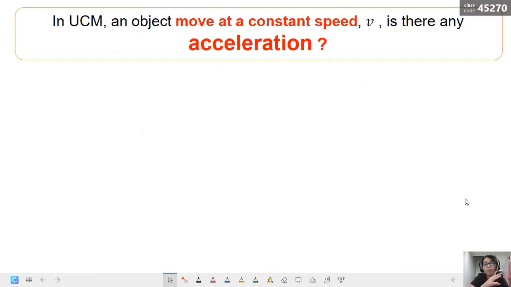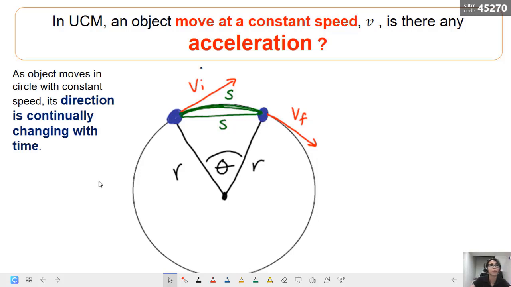Then in uniform circular motion, an object moves at constant speed, v. So the speed is constant. Then we might ask, is there any acceleration? Ada tak pecutan? Is there any acceleration for an object that moves in uniform circular motion? So class, we have to bear in mind, even though the magnitude of speed is constant, the direction is continually changing with time.